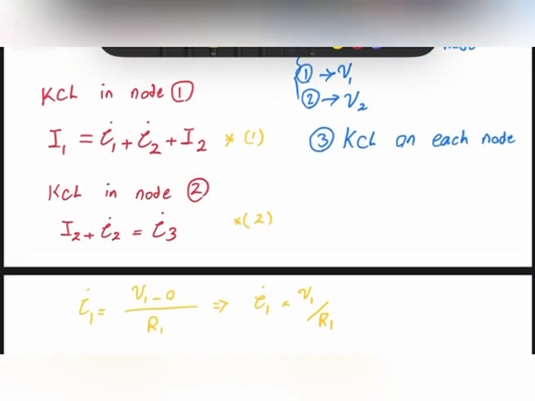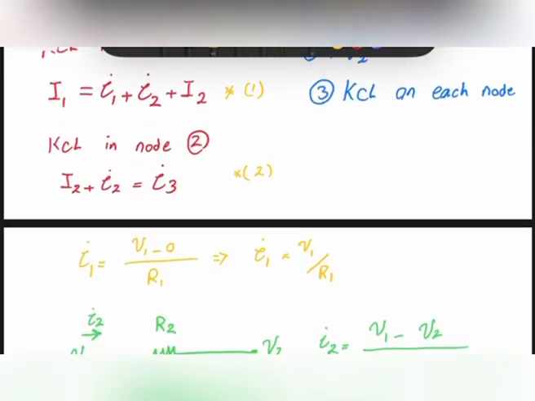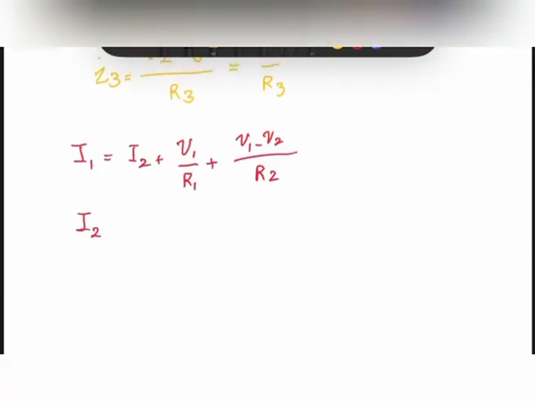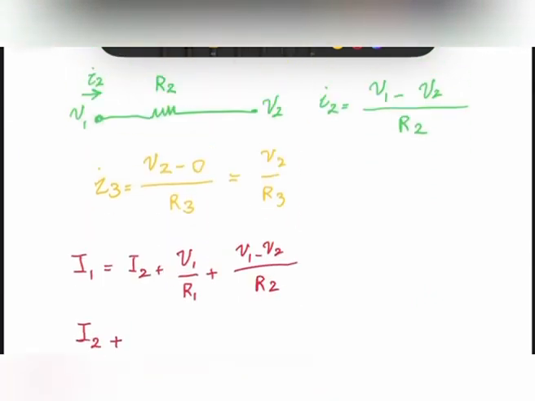The second equation says that I2 plus I2 lowercase, which is V1 minus V2 over R2, is equal to I3, which is equal to V2 over R3. So up to here we have these ones.